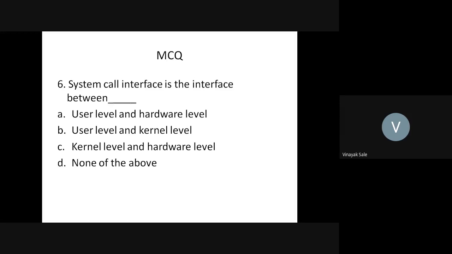It is the interface between user level and kernel level.